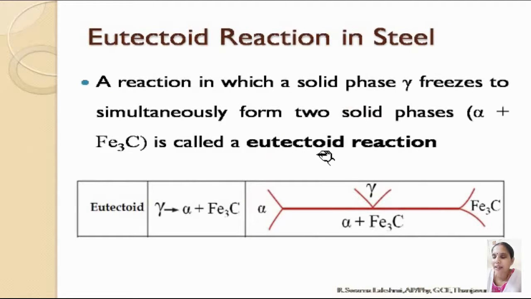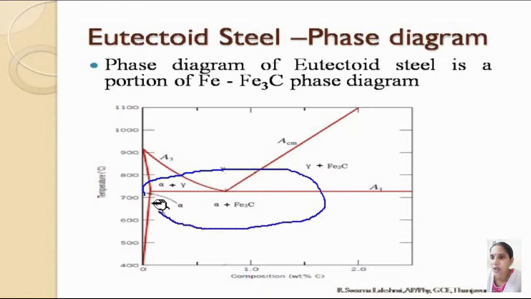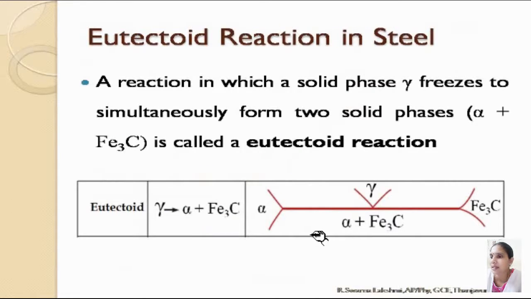So eutectoid reaction is one in which austenite transforms into a combination of alpha ferrite and Fe3C. This reaction is pictorially represented here. It is a portion of the phase diagram of eutectoid steel. It is actually this portion that has been represented here pictorially to identify the eutectoid reaction, where gamma phase transforms into alpha plus cementite.